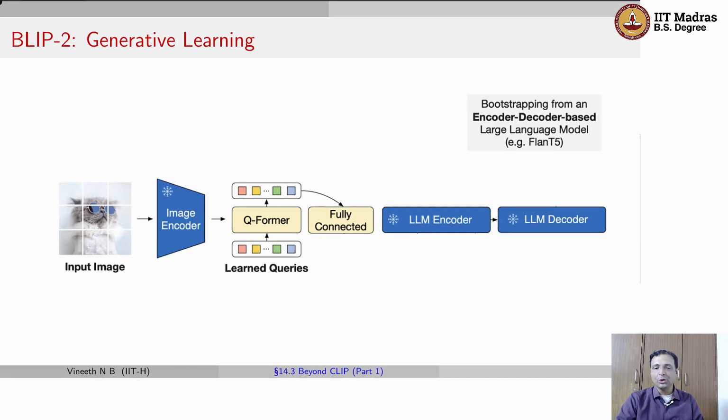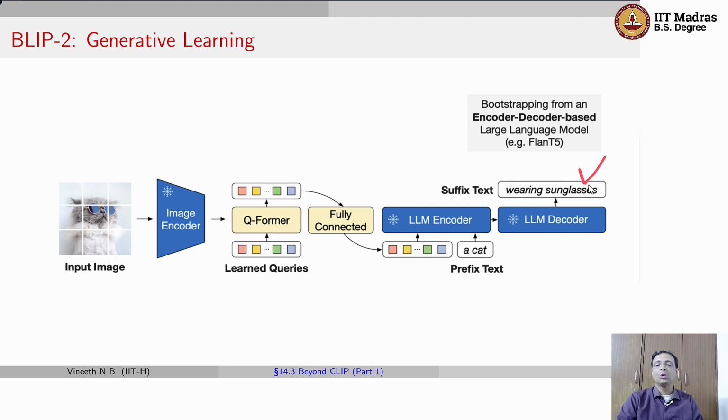But in the generation module, they also test a variant where once again the output query tokens of the Q-Former go through a fully connected layer and are first provided to an LLM encoder as queries along with a prefix text, and the LLM encoder then forwards this to an LLM decoder, and this then outputs wearing sunglasses, given that a cat was the prefix text to prompt the model.